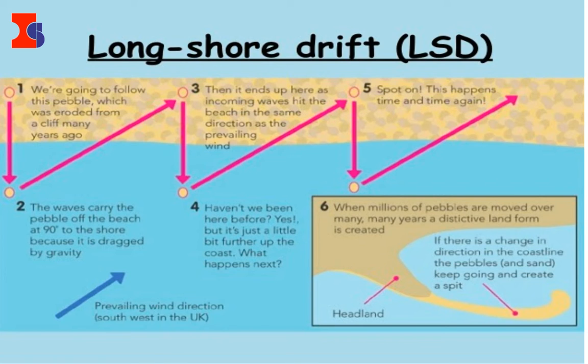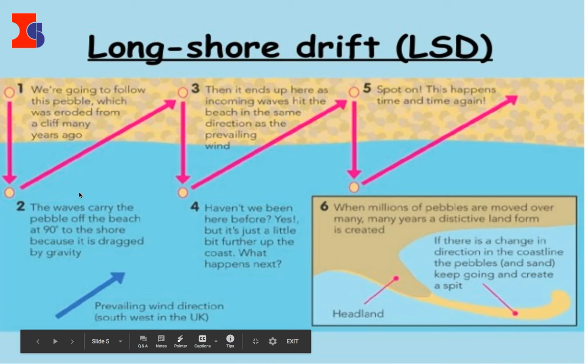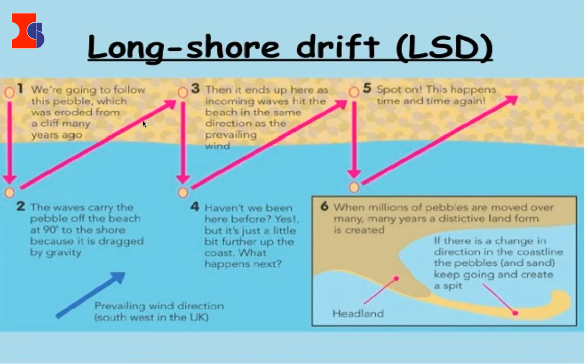Waves will reach the shoreline based on the prevailing wind. So the prevailing wind takes that pebble at an angle, pushes it up the beach again, and then it falls back at 90 degrees. It pushes up again, falls back at 90 degrees, and so on and so forth. That's the movement of sediment along a beach.